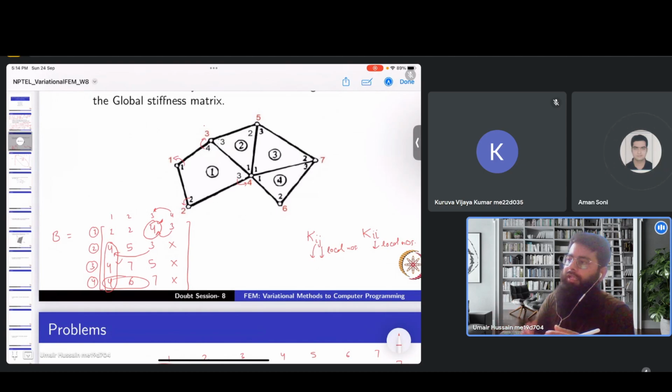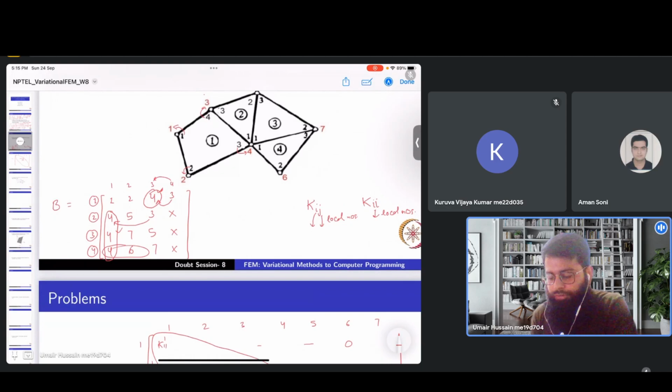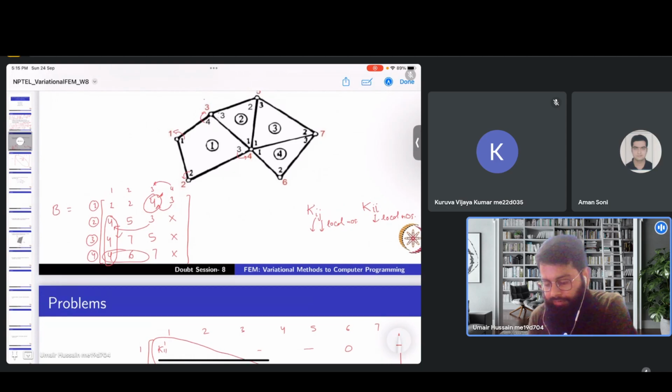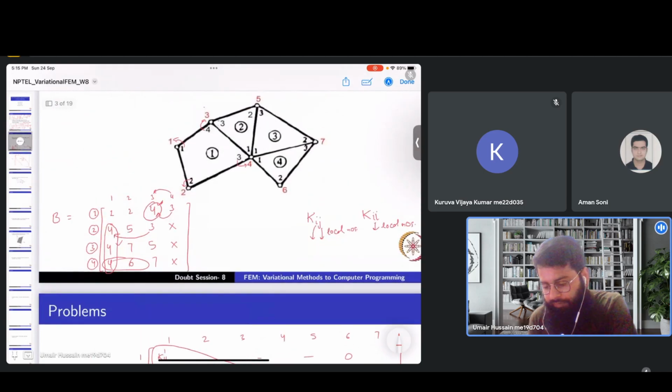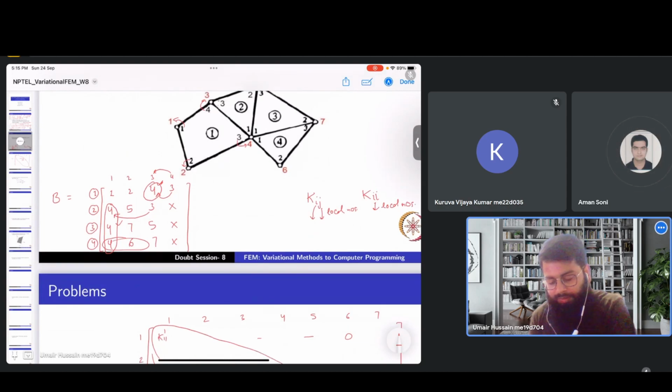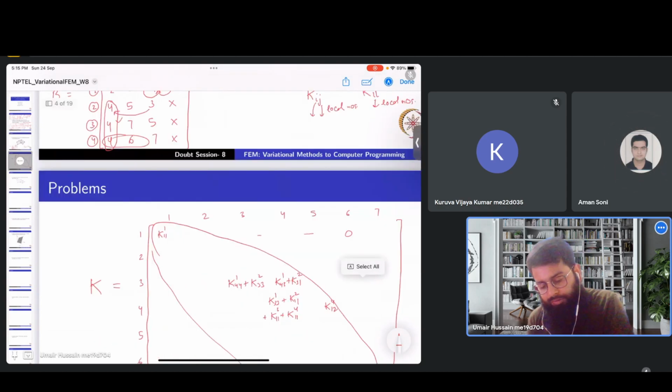They'll have no connectivity, and that's why those entries would be zero. Here it is a short matrix, so we see that 4 and 6 are connected. 4 and 6 are actually not too far, but we see that 1 5, 1 7, 1 6, 2 5, 2 7, 2 6 would all be zero. Most of these entries would be zero.